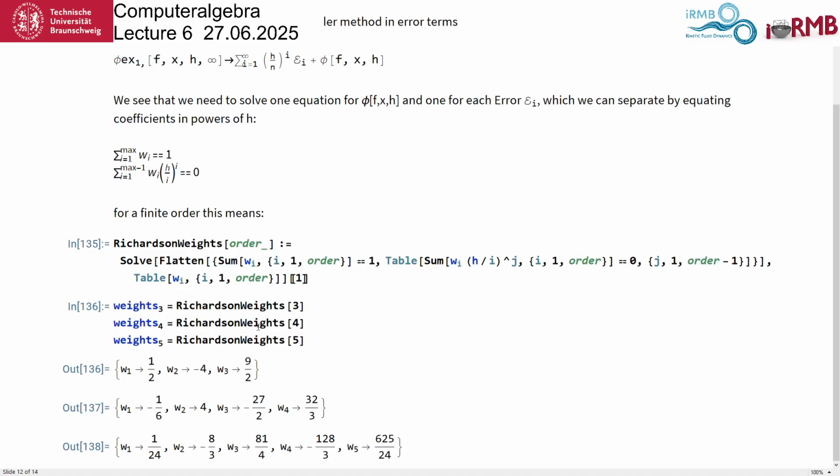Okay, so this means that now this is completely general. This doesn't have anything to do with this particular function. The only thing that we are assuming here is that we are talking about a function that is first order accurate only. Because if you start with a method that is already second order accurate, you don't need to eliminate the first order term.